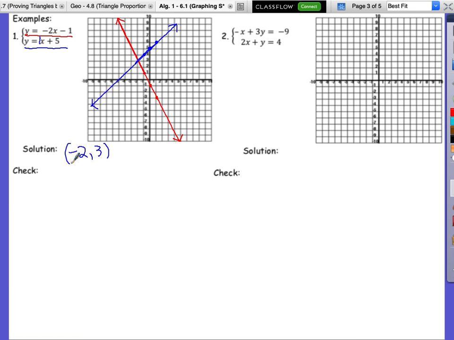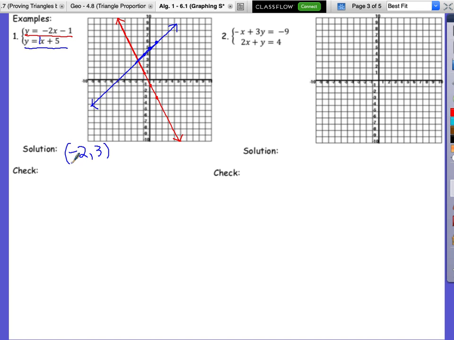Like right in the middle of negative 2 and 3. My line is off. I think this first line's a little off.